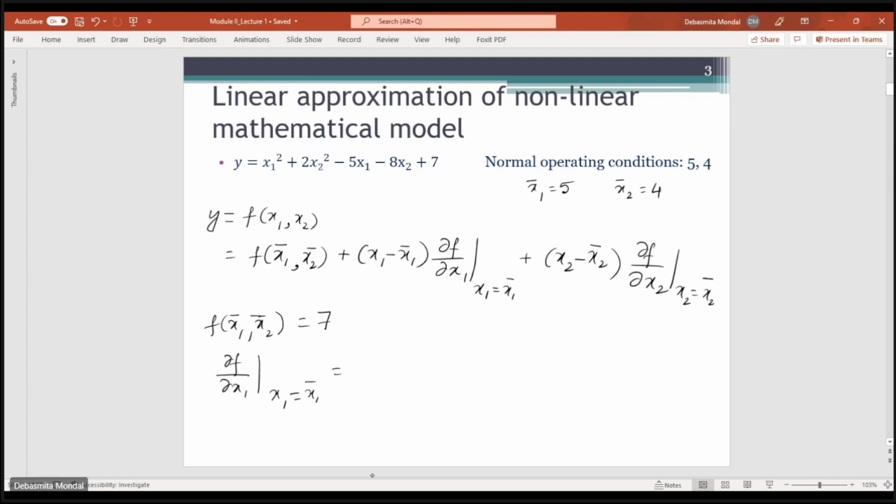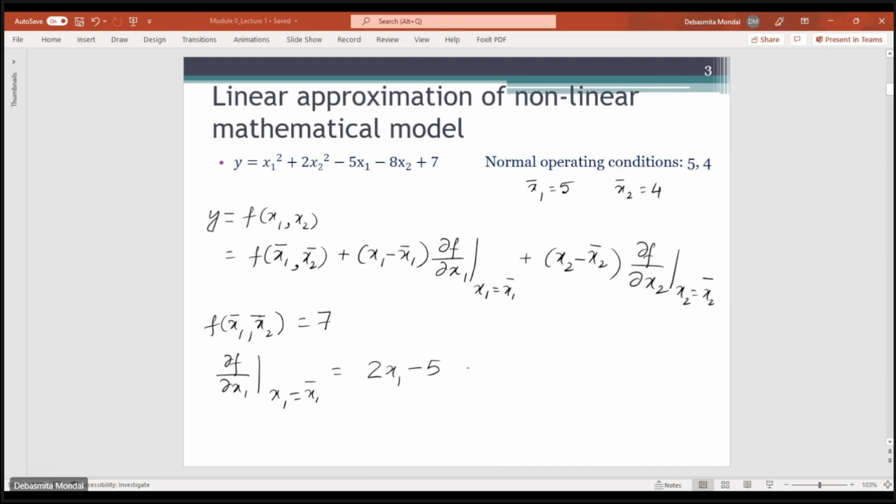No, first of all you find the expression of delta f by delta x1. Ma'am, it will be 2x1 plus 2x2 square minus 5 minus 8x2. Why will the x2 term come? Oh, sorry, ma'am. Because it will be 2x1 minus 5. Because we are doing a partial derivative, right? In a partial derivative, all the other terms are considered constant, so only the derivative of the corresponding term will come. So it is 2x1 minus 5.